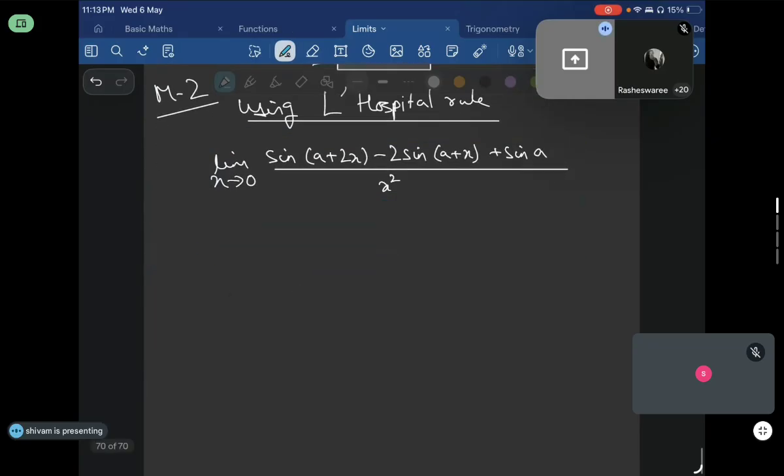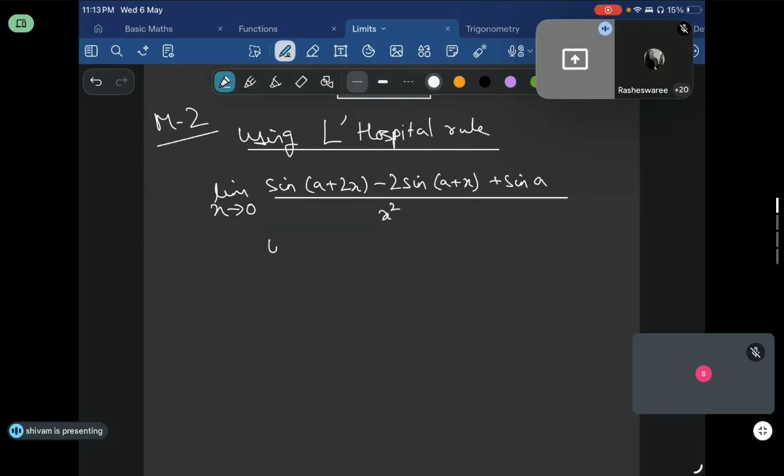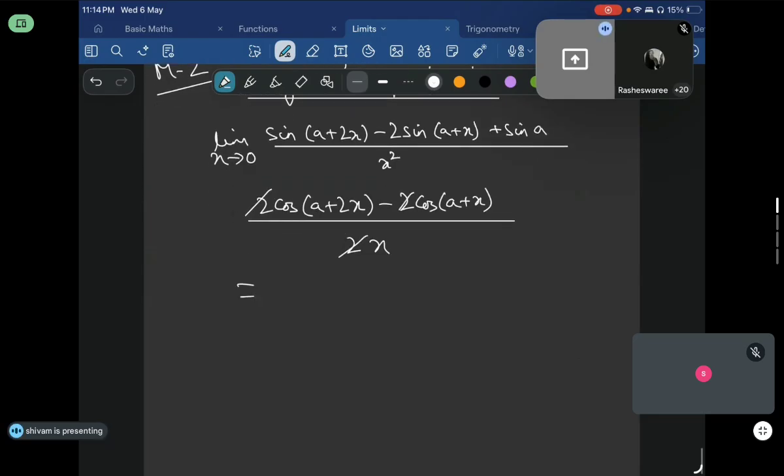What you do is, see, it is 0 by 0 form, use L'Hopital. Let us differentiate sine (a plus 2x). This will become 2 cos (a plus 2x) minus 2 cos (a plus x), sine a is gone, divided by 2x. 2 will get cancelled. Again, let us differentiate.